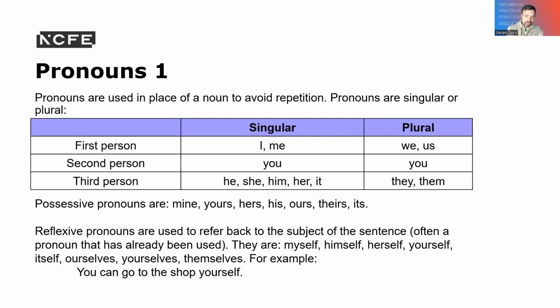Reflexive pronouns are used to reflect back to a subject or the sentence. So often a pronoun that's already been used. For example, myself, himself, herself, yourself, itself, ourselves, themselves. For example, you can go to the shop by yourself.